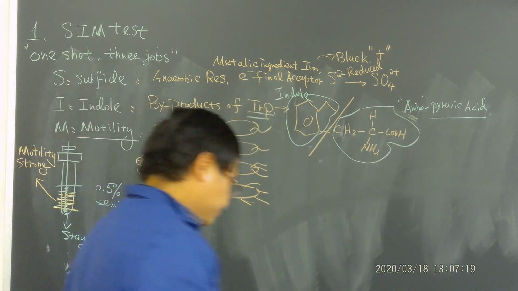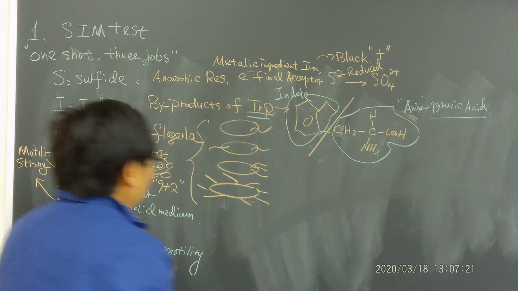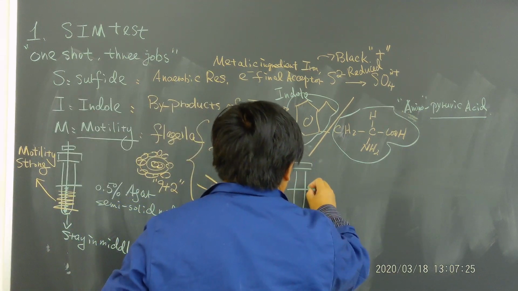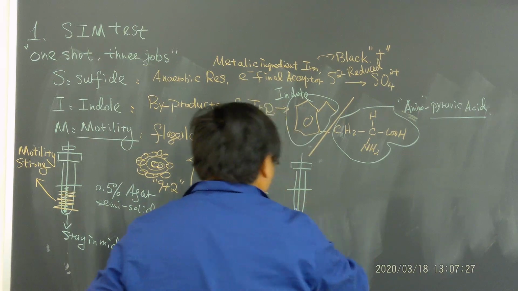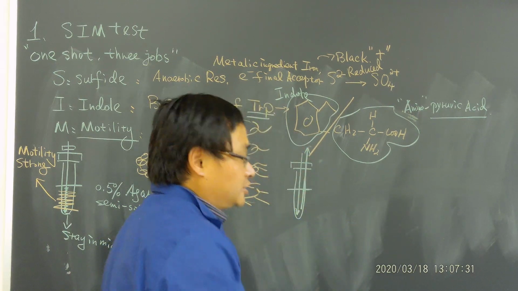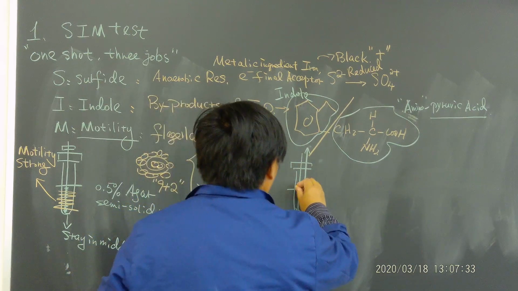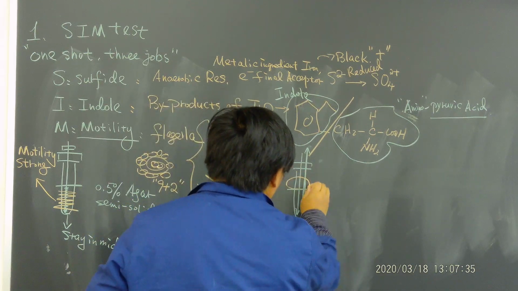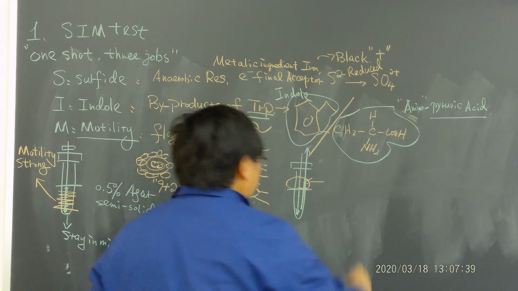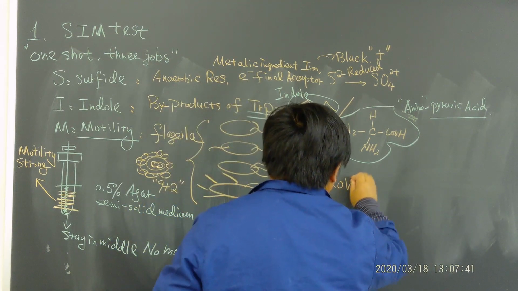How do we test it? We're going to have this tube, okay? You use needle injection, goes in, goes out. How do we know it's positive? Two weeks from today, you're going to add one large drop of a reagent called Kovac's.